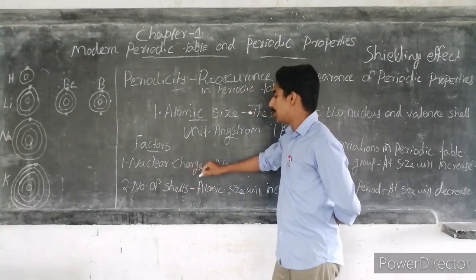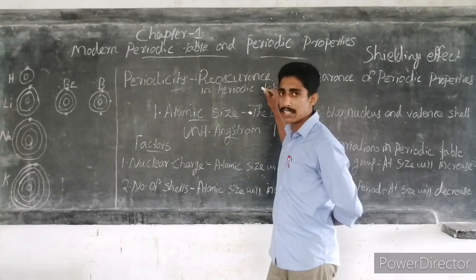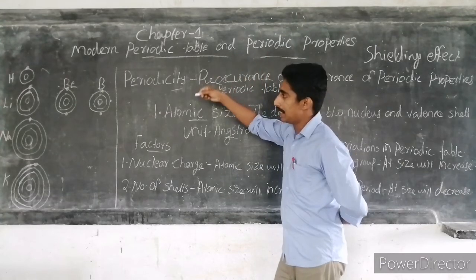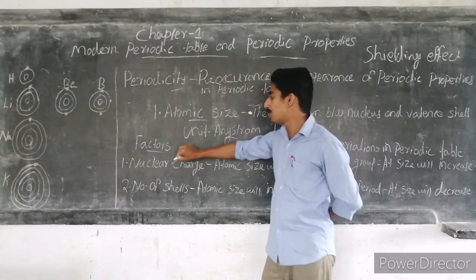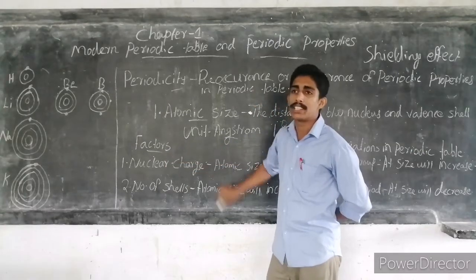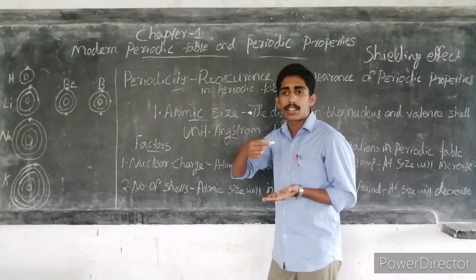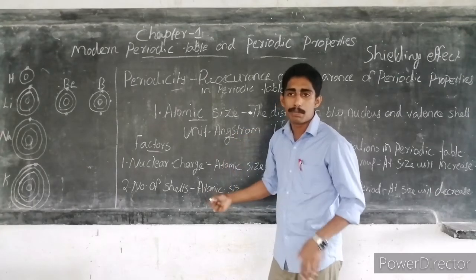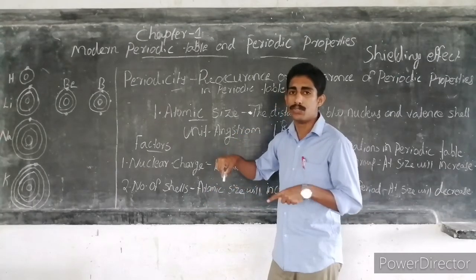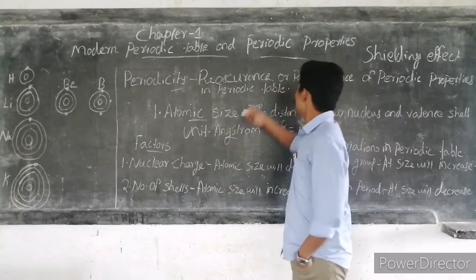So if the number of shells increases, shielding effect also increases and the effect of the nucleus on the valence shell decreases. Then the electrons become loosely packed and the atomic size will increase.